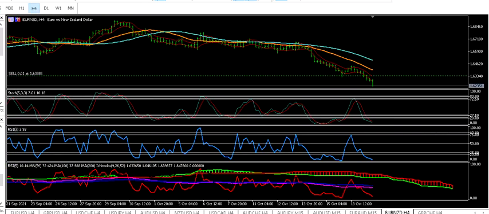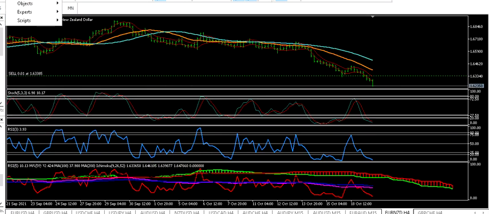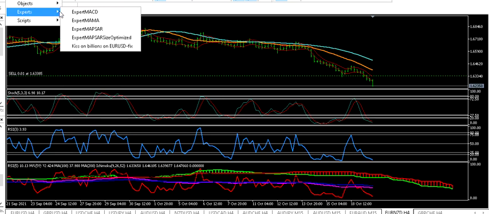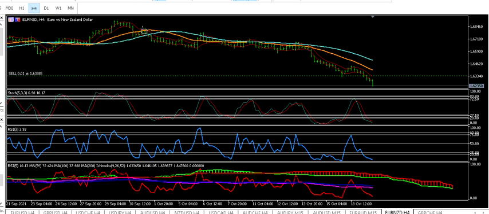Let's go to Euro NZD. So selling. On the main window, looking at the 4-hour time frame, we have our trend change somewhere around here to a bearish trend as the price drops below the 2 moving averages.